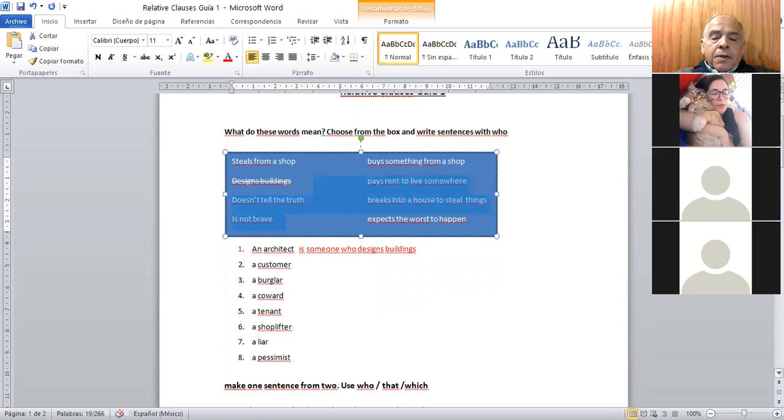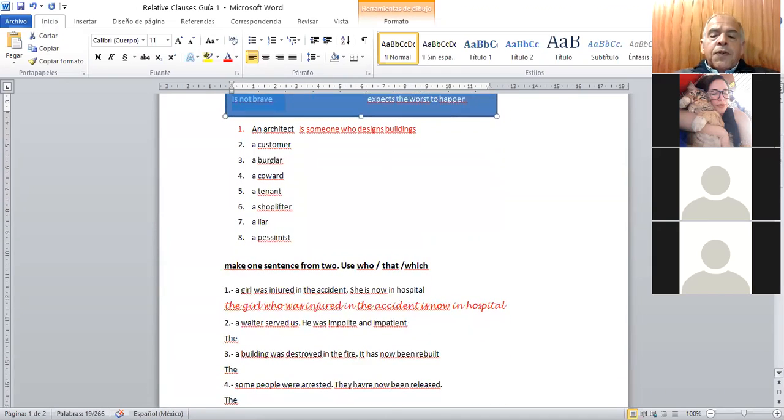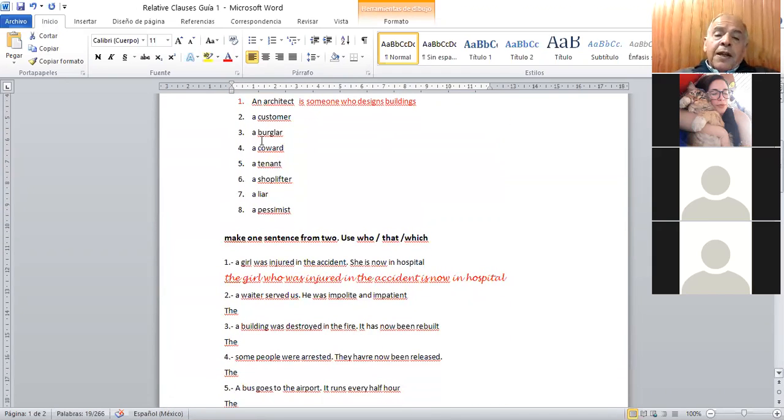The next one, make one sentence from two. Before here you have to study what the words mean. Okay, a tenant, a shoplifter. You try to find out what is the meaning of those words. Make one sentence from two. Use who, that, or which in here. Remember that who is for people, which for things, and that for both, people or things.